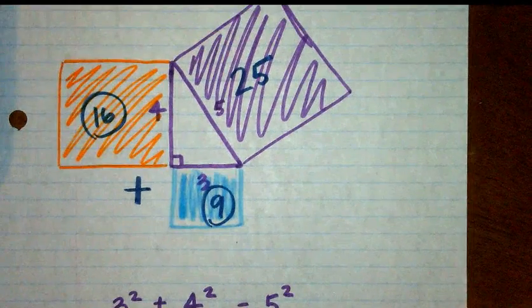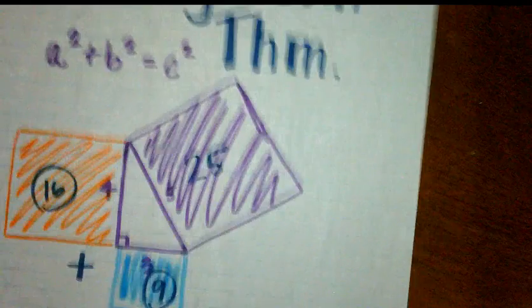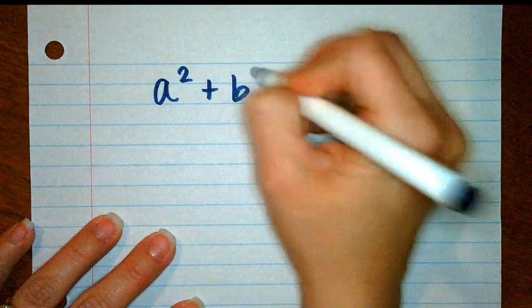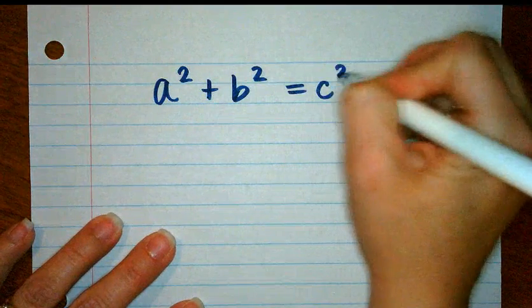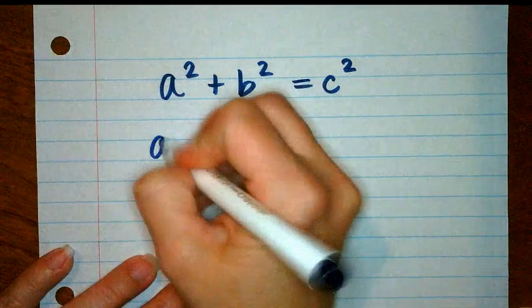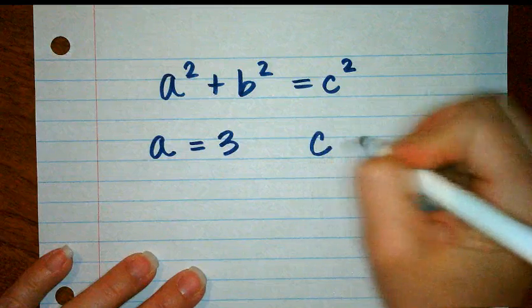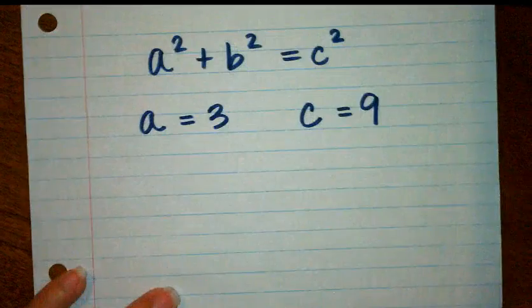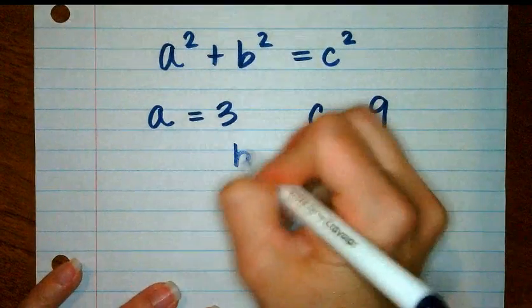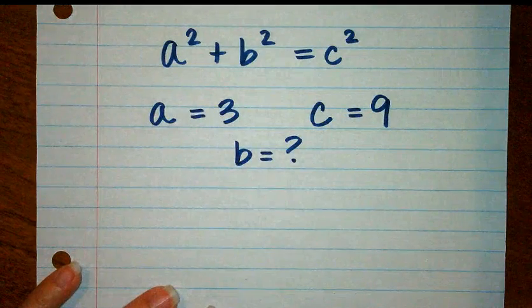Now, the way we use it in problems, we would have a triangle, or maybe we were given two sides and asked to find the third side. For example, our formula is a squared plus b squared equals c squared. Let's say we knew that a was 3 and c was 9, so what we're looking for is side b.